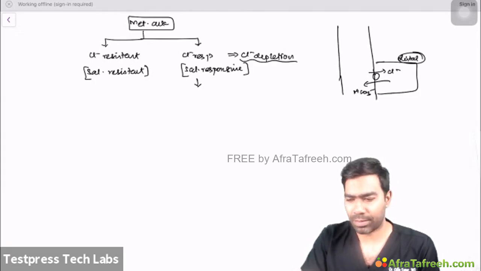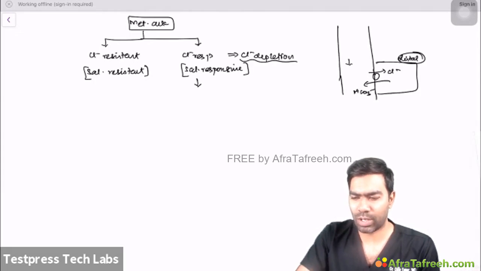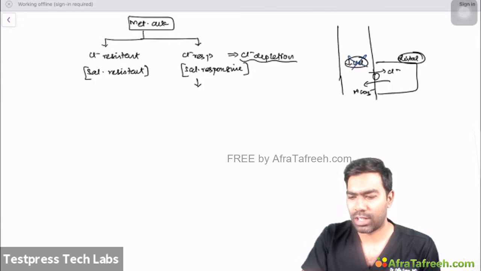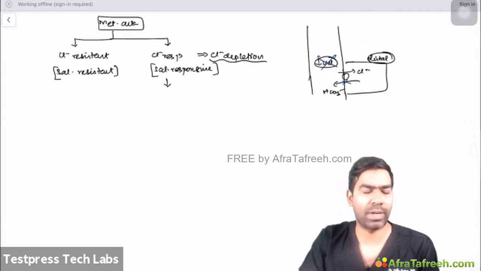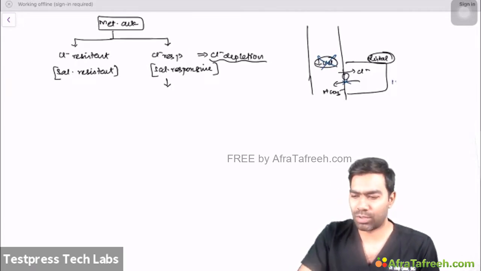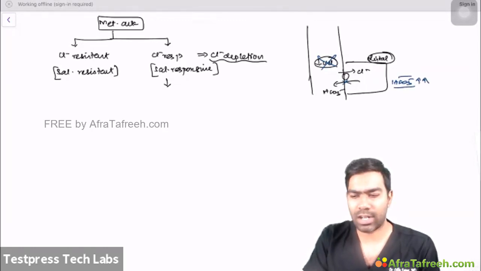If there is persistently low urinary chloride, if there is no chloride in the body, they cannot eliminate bicarbonate, because elimination of bicarbonate is a part of your natural day-to-day physiology. So slowly over a period of time, the bicarbonate will start accumulating, resulting in metabolic alkalosis.